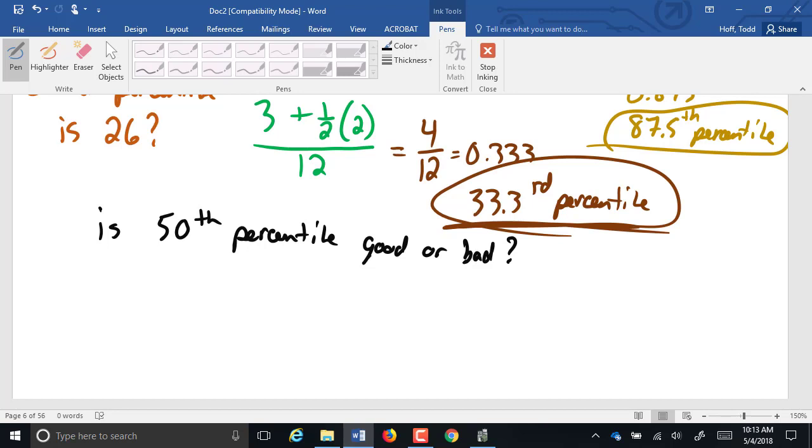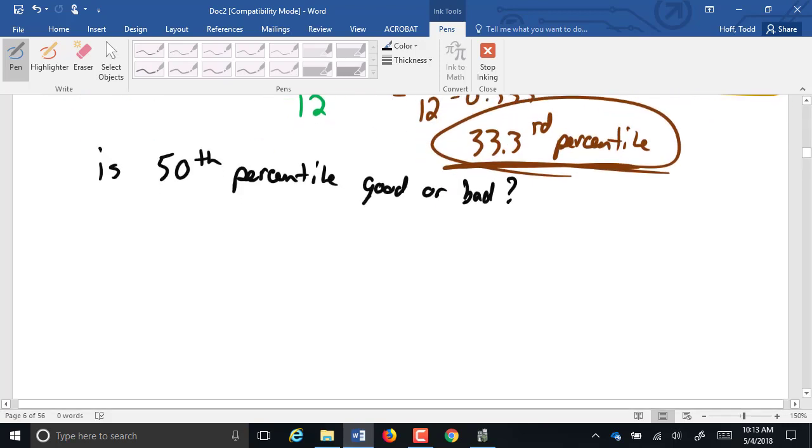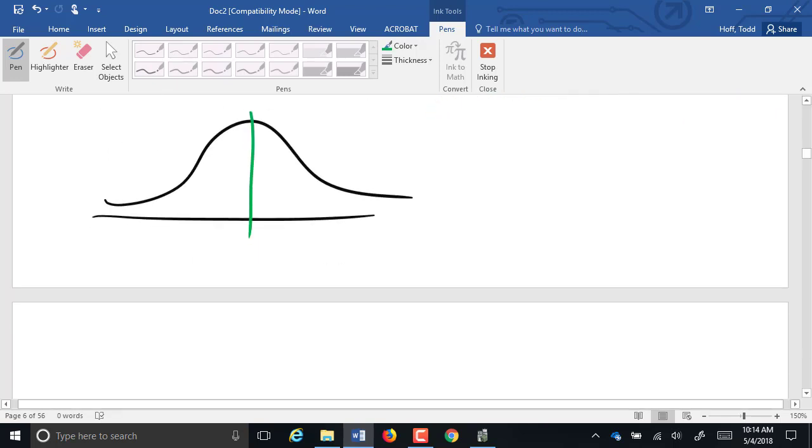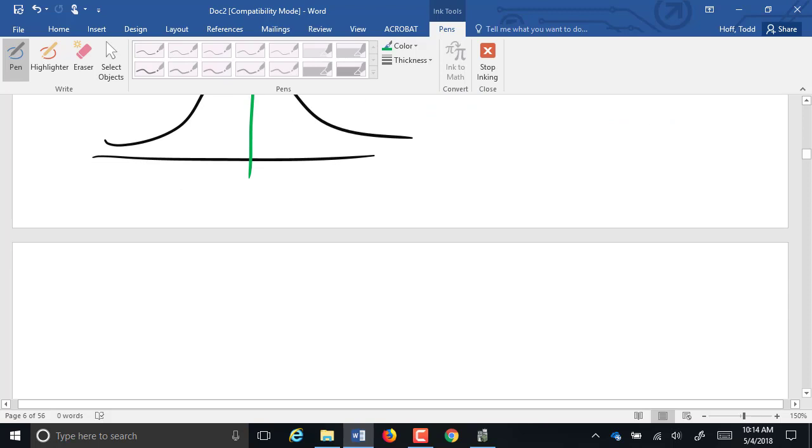Yeah, 50th percentile would be dead in the middle. They are exactly average. If you're looking at the bell curve, 50th percentile is right there. So they're saying your child is average. A lot of people see 50th percentile and say, oh, that's horrible. No, that's in the middle. You're average. Not everybody's 90th percentile.